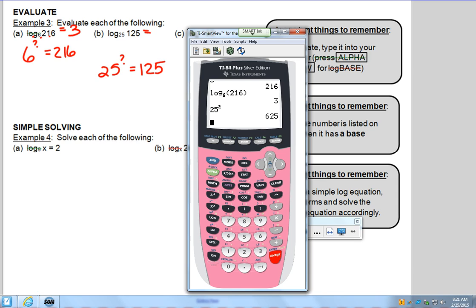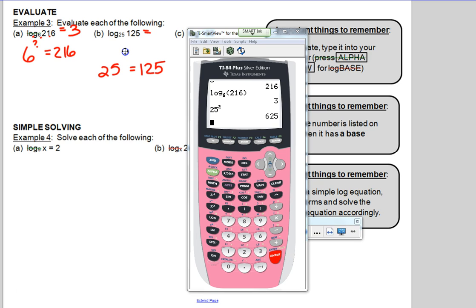I can sit here and try to guess what the fraction is, or I can make this equal to an x power, and I can solve using what I learned last class by changing bases. 25 and 125 share a common 5 base. 25 is 5 squared, and then we still have the x power, and 125 is 5 cubed. And then I can set the powers equal to each other and solve.